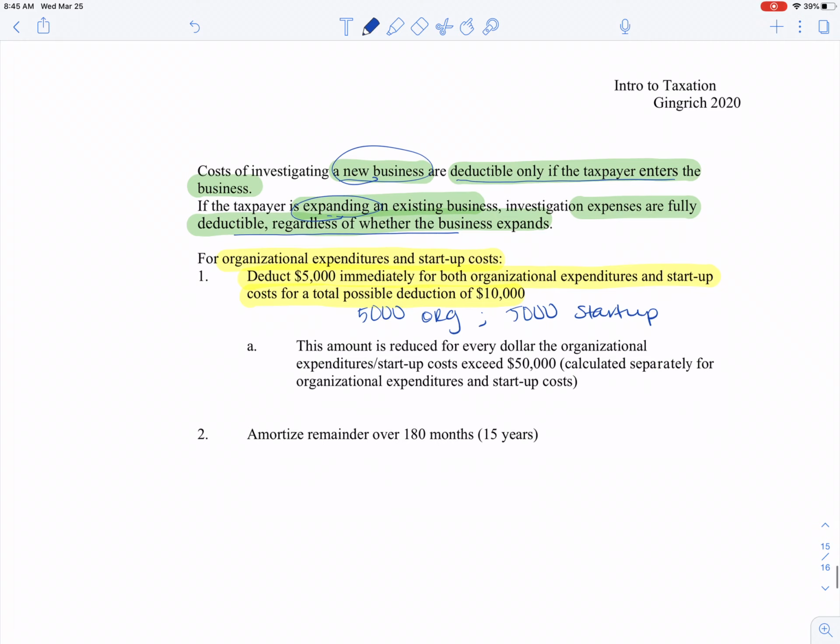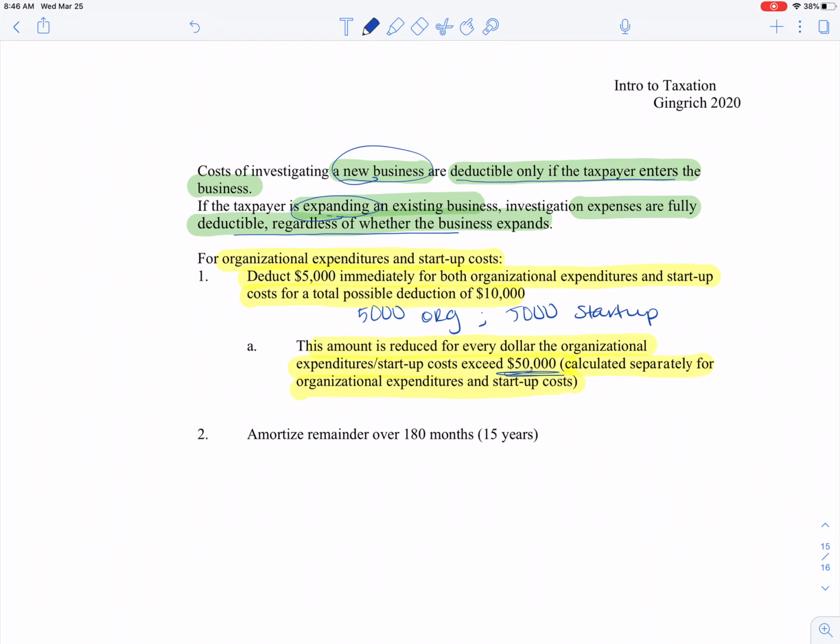This amount is reduced dollar for dollar for all of the expenditures that exceed $50,000, and they're calculated separately. But let me just give you an example. If you had $51,000 in organizational expenditures, you're $1,000 over that 50. You would not be able to deduct the full $5,000 right now. You would have to reduce it to $4,000 and then amortize the rest.